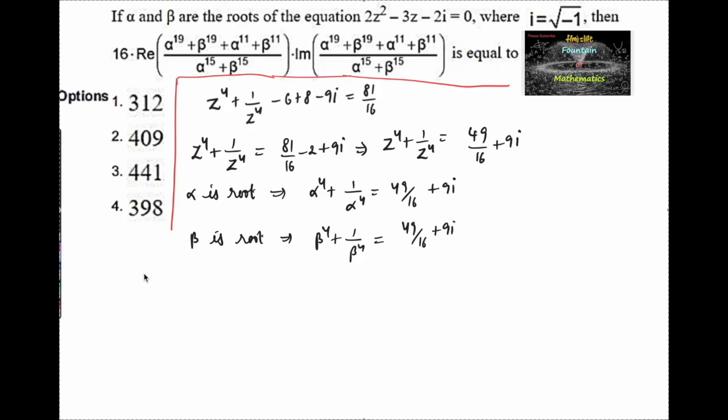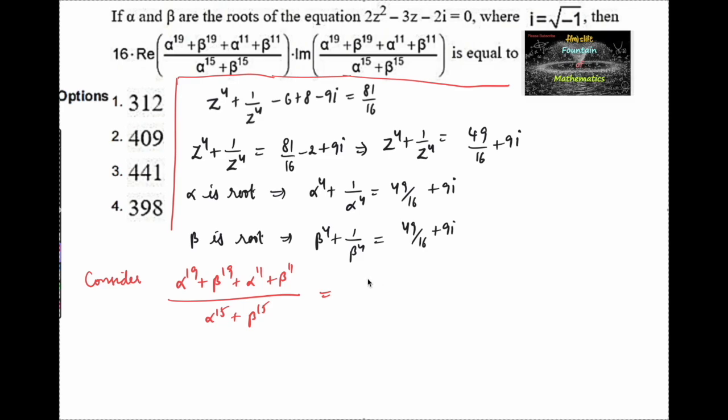Now consider (α^19 + β^19 + α^11 + β^11) divided by (α^15 + β^15).